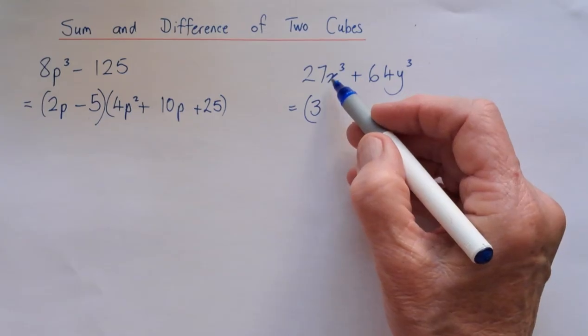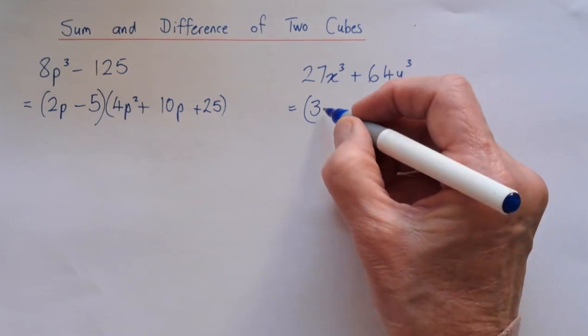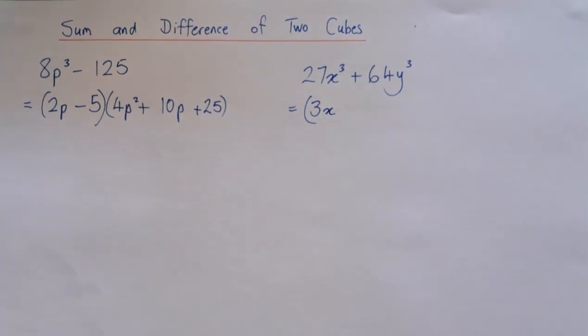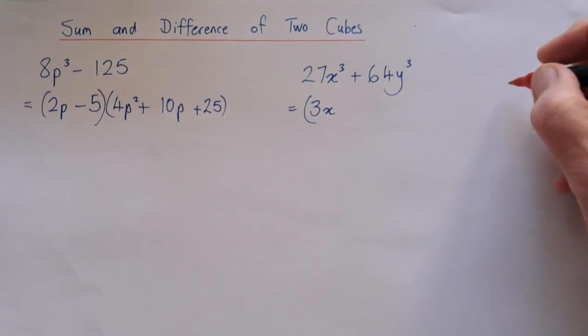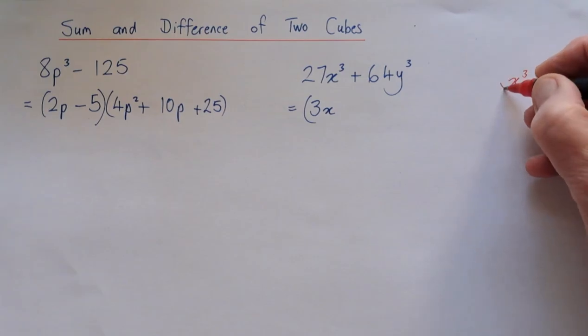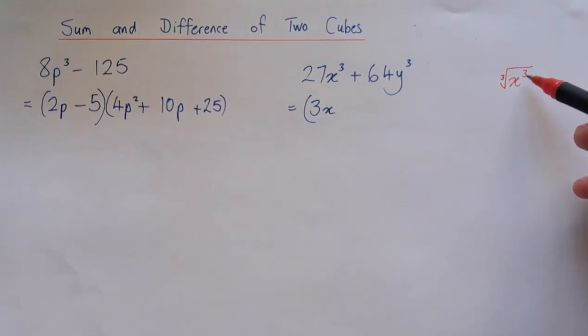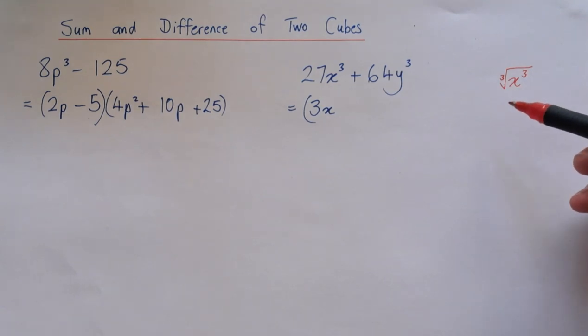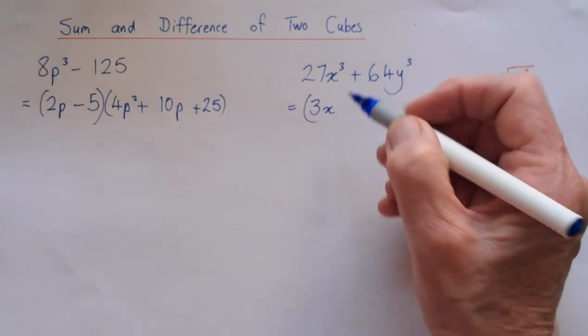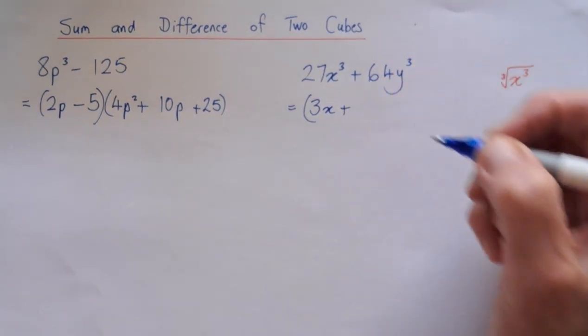And the cube root of x cubed is x, because remember, what we're actually doing there is we've got x cubed and then we cube root it. Because cubing and cube rooting are inverse operations, they cancel each other out, and you're simply left with the base number that you started with. Again, because that is plus, I'm going to have a plus in my binomial.